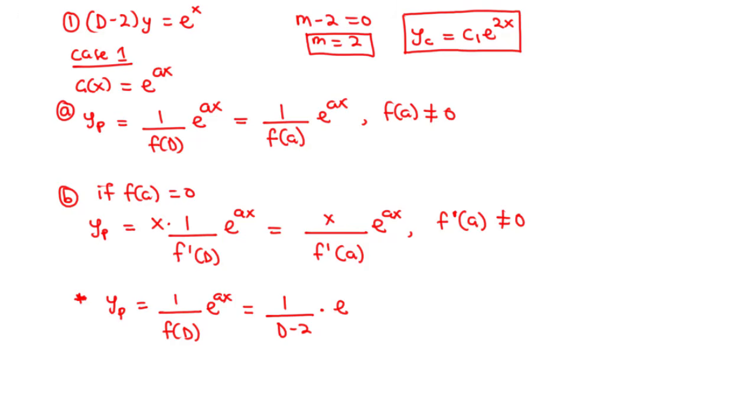Now the coefficient of x here is 1, so we have e to the power 1x. Now we are going to substitute the value of a in here, so that is 1.